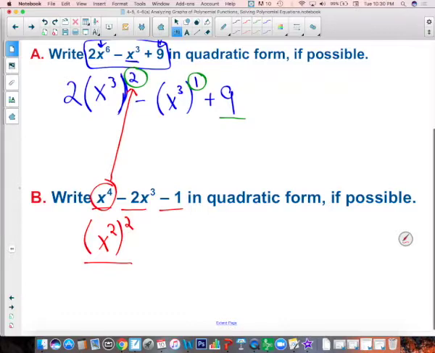Then we got to do that bx, so this would be minus 2x cubed to the 1st power, and then we just have minus 1 on the back end. Okay, so that would look like a quadratic or quadratic form.